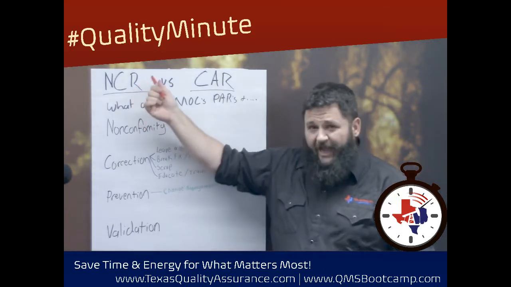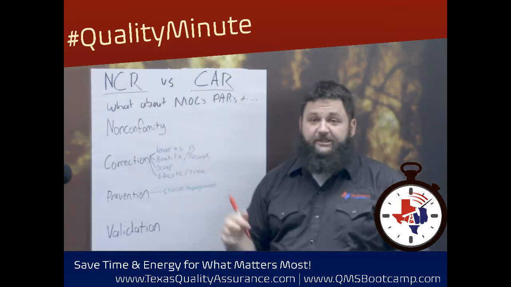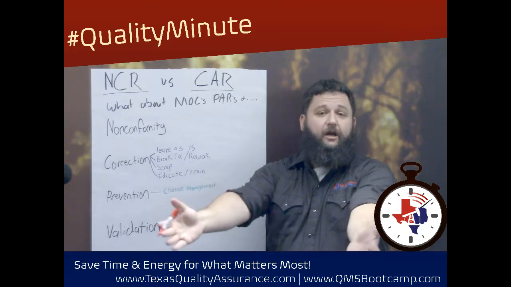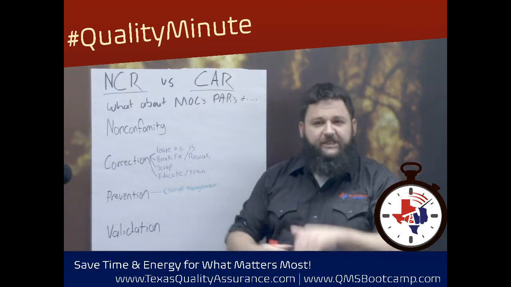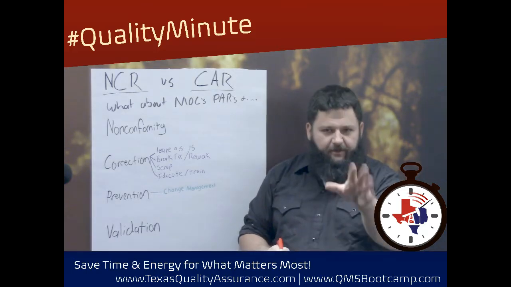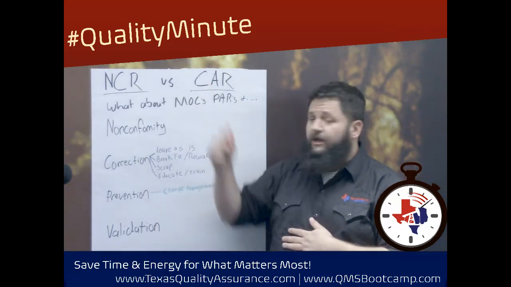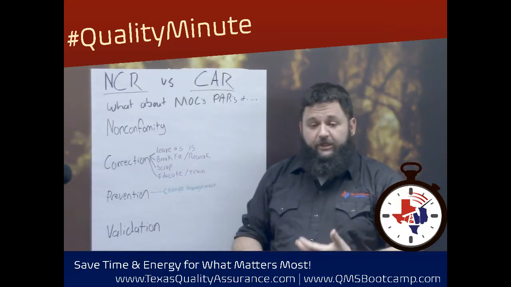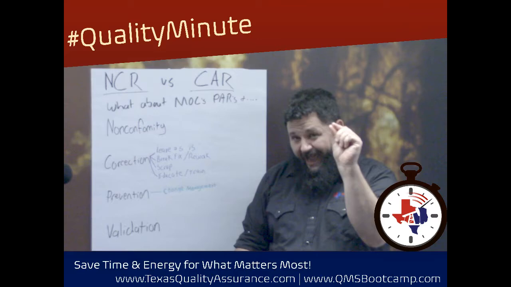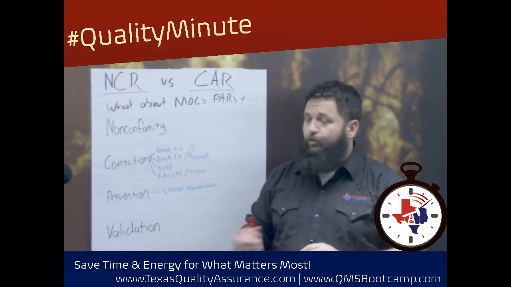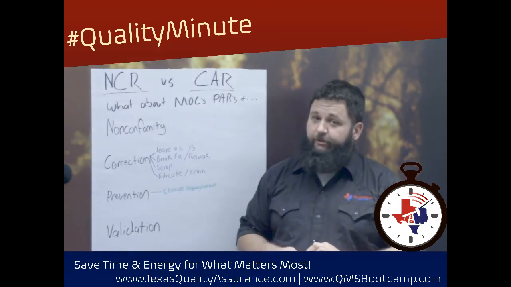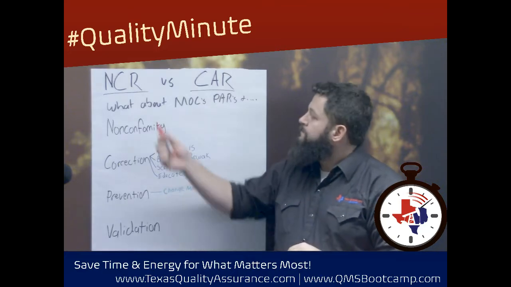So the first thing we have to know is, well, what are these terms? NCR is a non-conformance report. Your organization may title it or call it a little differently, but it's the same basic idea. Then we have a corrective action report, which requires a corrective action. Action being the operative word, because non-conformity reports still require correction as well.